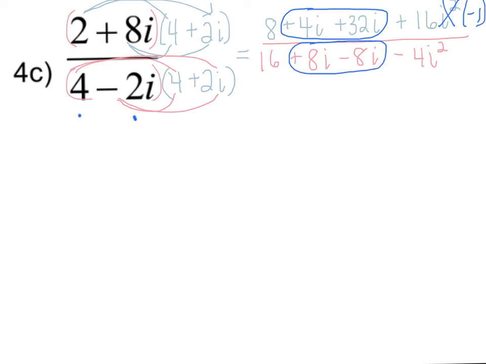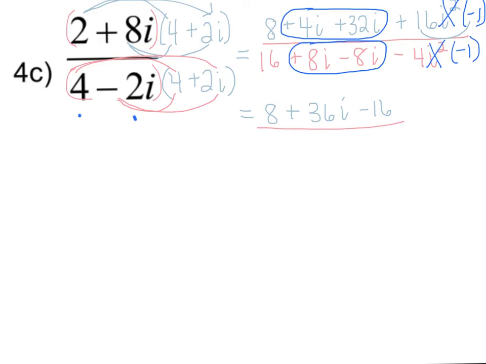We'll combine these like terms. We will cross this i squared out and write -1. So let's write what we have left. We have 8. 4 plus 32 is plus 36i. And positive 16 times -1 is negative 16.